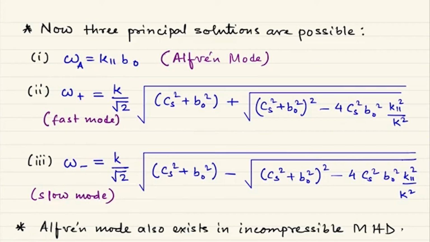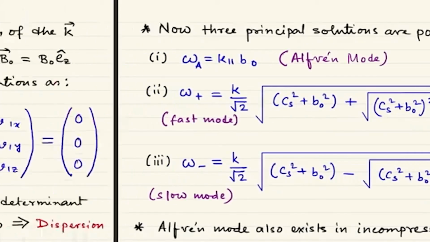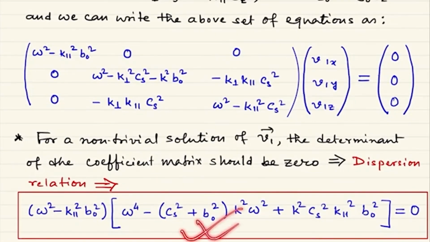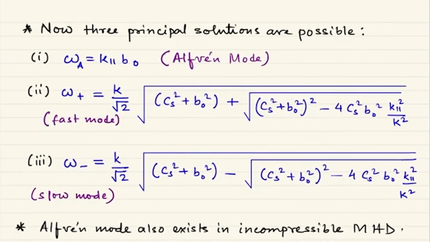Now the other 2 solutions which can be obtained from this equation will be written in a compact form. Omega plus is equal to K by root 2 times the square root of CS square plus B0 square plus the square root of (CS square plus B0 square) whole square minus 4 CS square B0 square times K parallel square by K square.